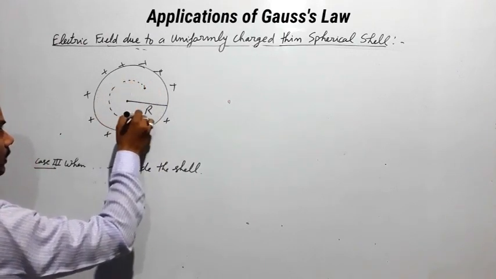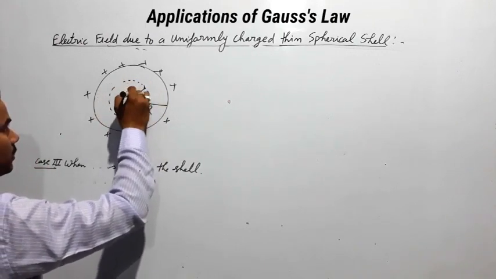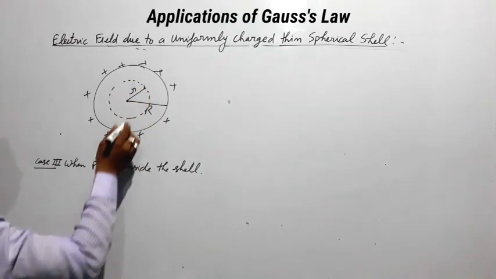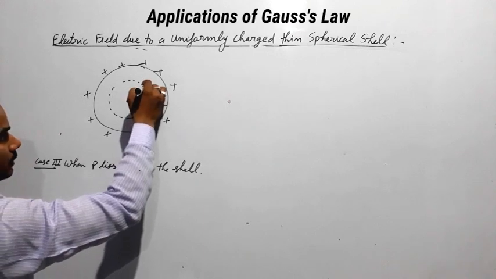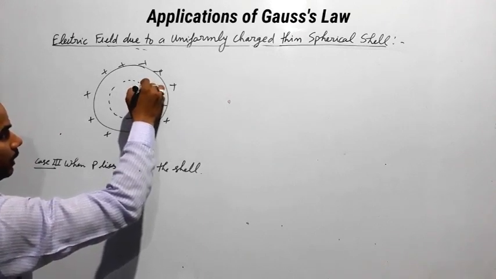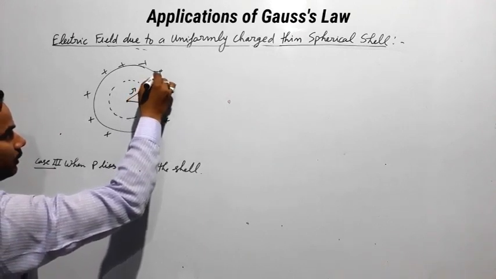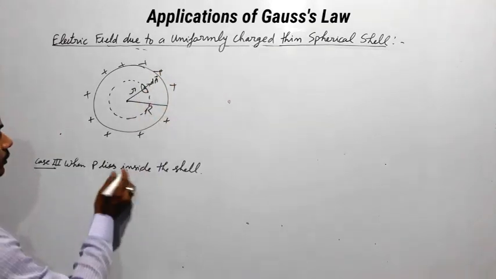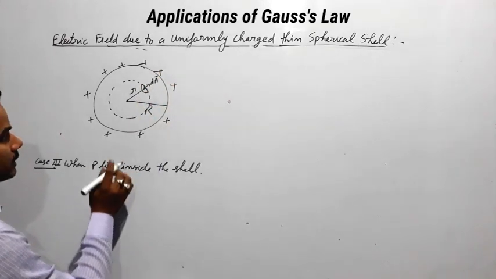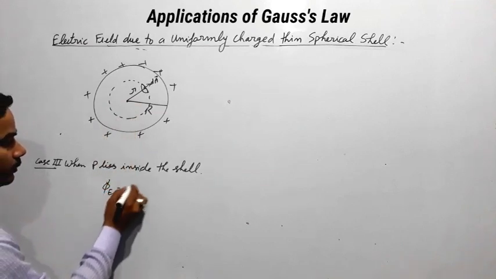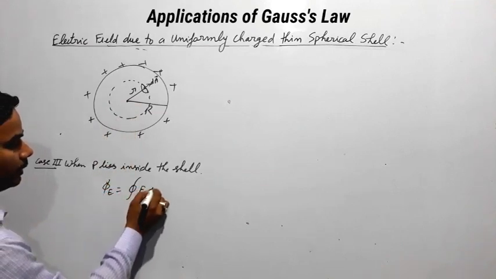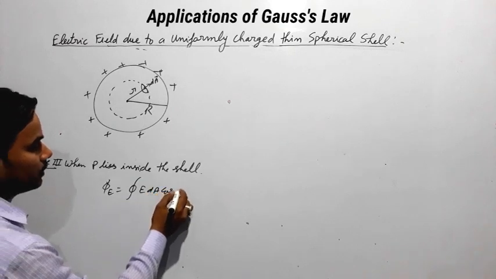Then we consider a Gaussian surface of radius small r, with area vector dA. So the total electric flux passing through this Gaussian surface is phi E equals the surface integration of E dA cos theta.